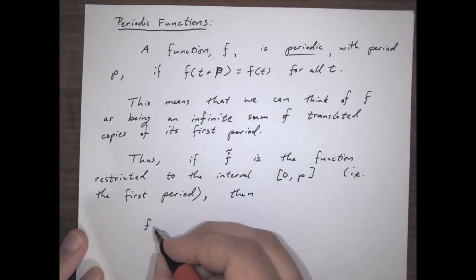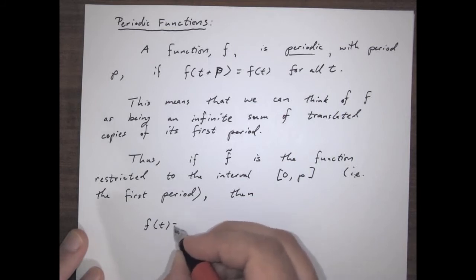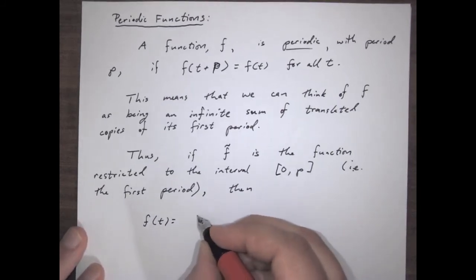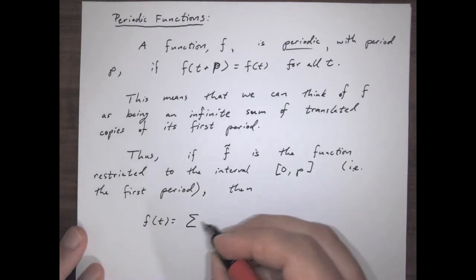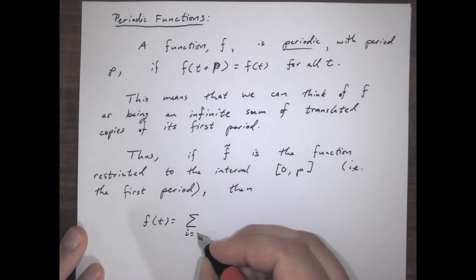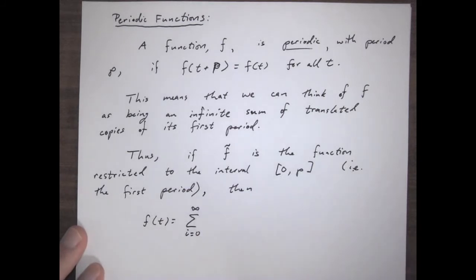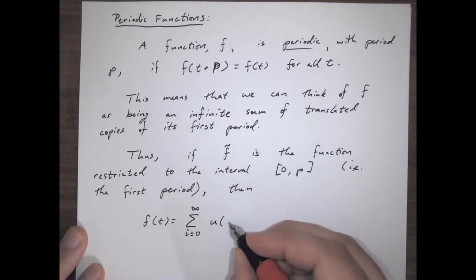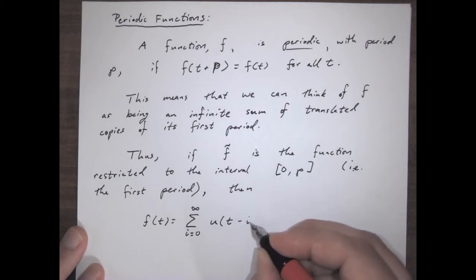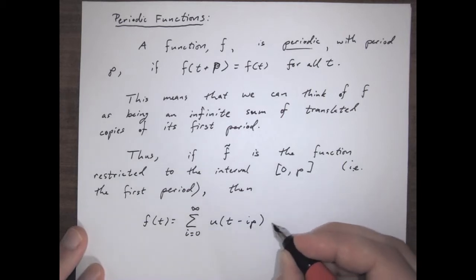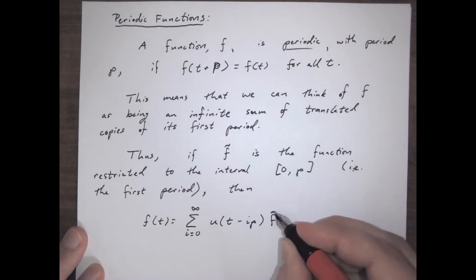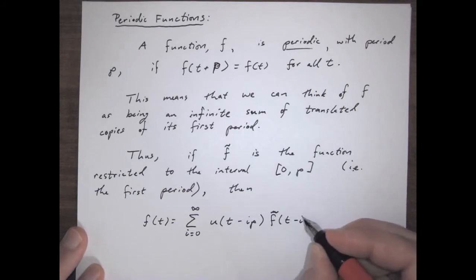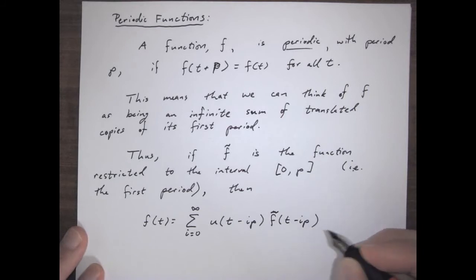Then f of t is equal to the sum from i equals 0 to infinity of u of t minus ip times f tilde of t minus ip, and this is for t greater than or equal to 0.